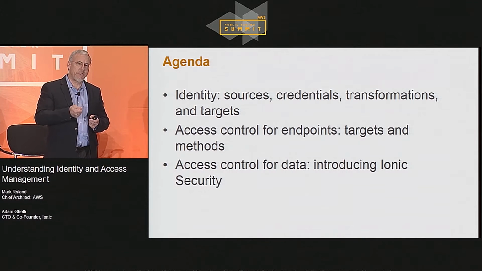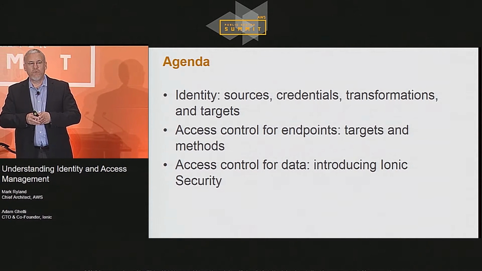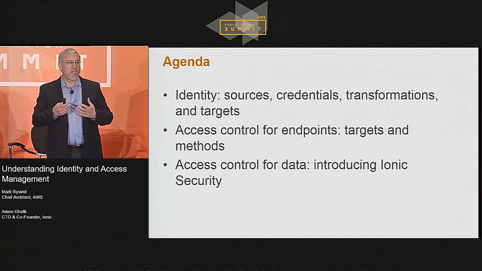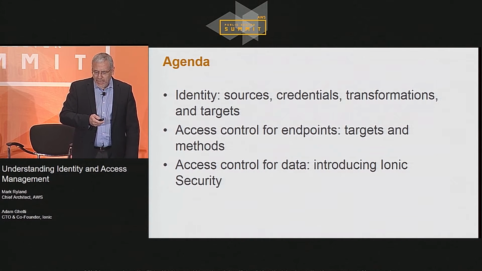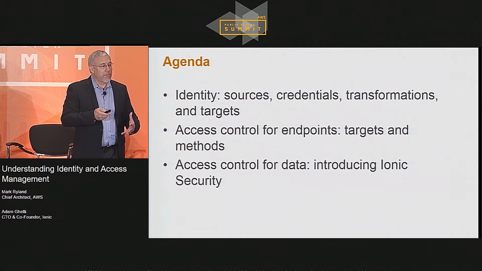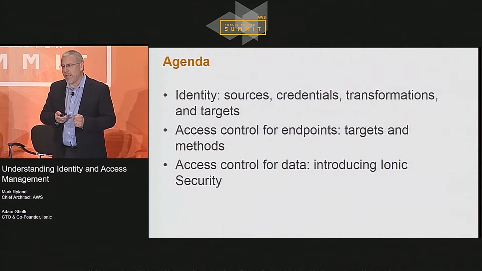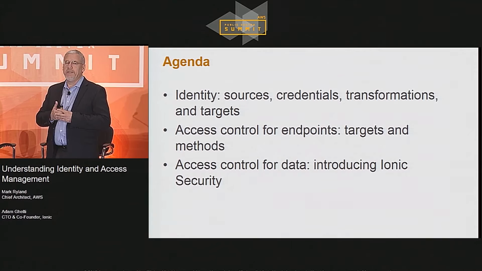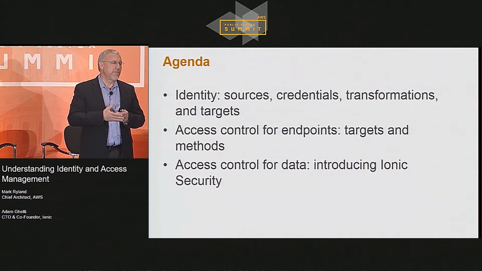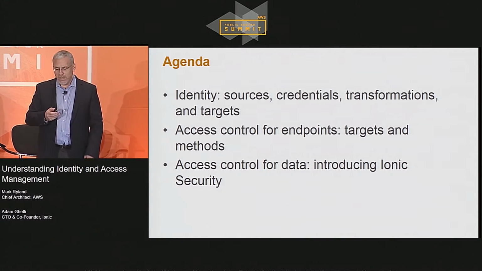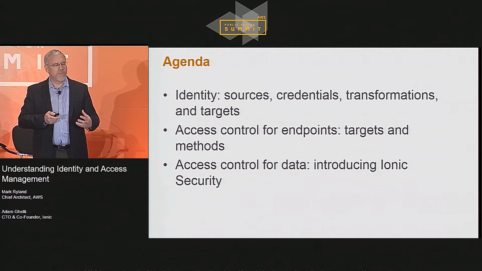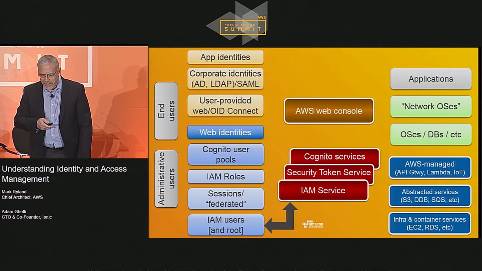And Ionic actually brings to the table some very cool technology for access management of data. And so you'll hear all about that. I should mention also that there's a very close partnership between AWS and Ionic. It was announced just a couple weeks ago, collaborating very closely, building some solutions that will enable both public sector and commercial customers who have very high data security requirements to do some really impressive things, which you'll hear about.